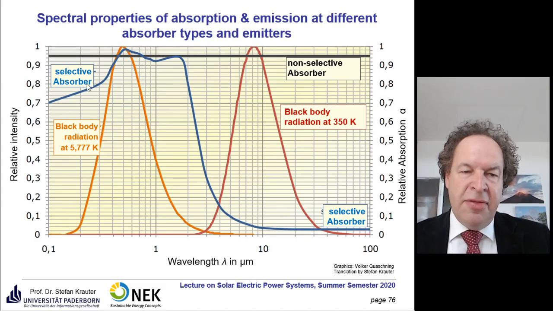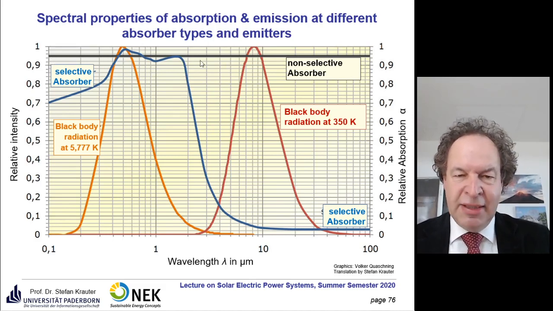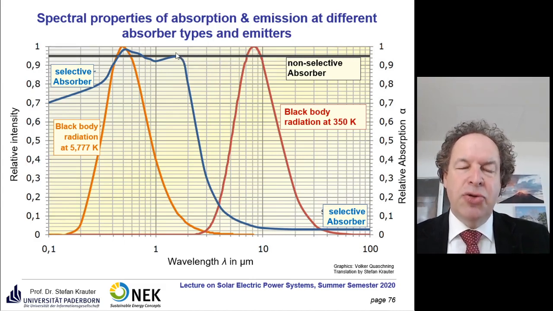Then this black line is a non-selective absorber, so it absorbs pretty much close to 1. It absorbs in the visible range, but also here, at 10 micrometers, in the infrared range. So it absorbs all the same. And there is a law that says that the absorption is equal to the emission index, so alpha is equal to epsilon.